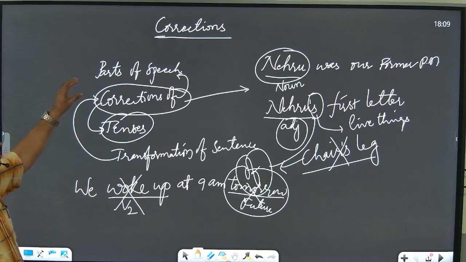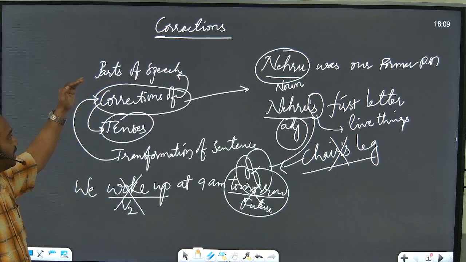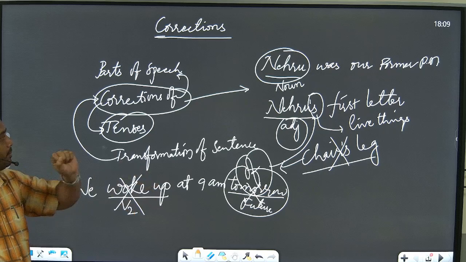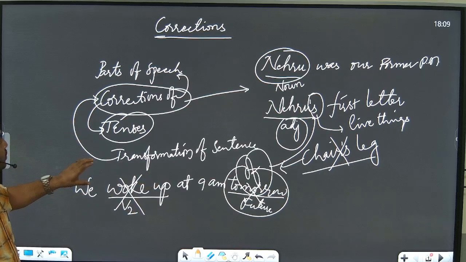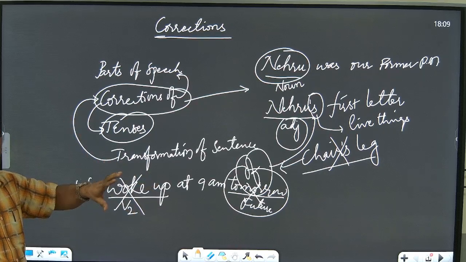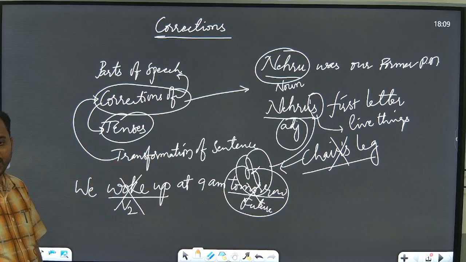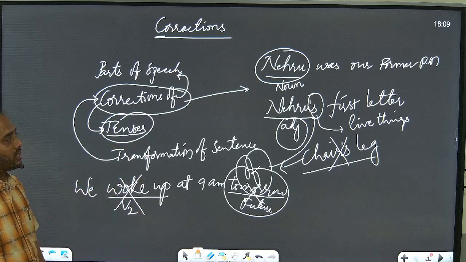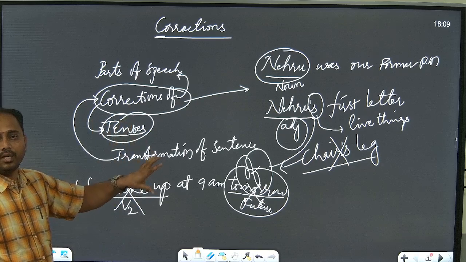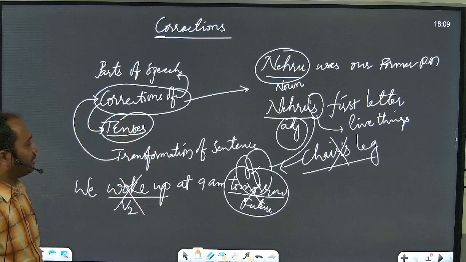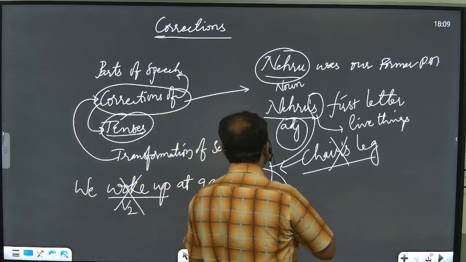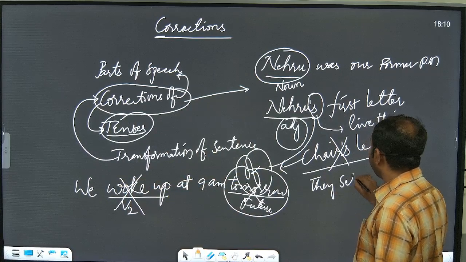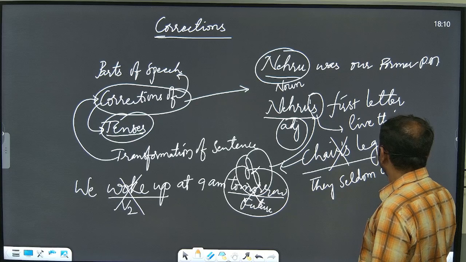So when we learn the concept of any parts of speech, tenses, transformations or any other part of grammar, we need to know exactly how the usage is. When you are aware of the usage, automatically you can do the correction questions. So corrections are very important for all the functional grammar. Suppose, when it comes to transformation of sentences, I have written: they seldom come.